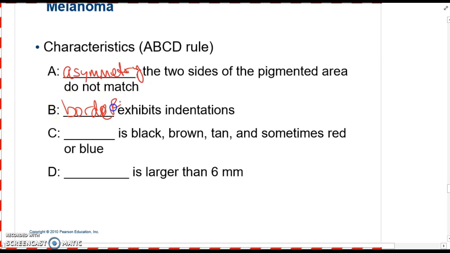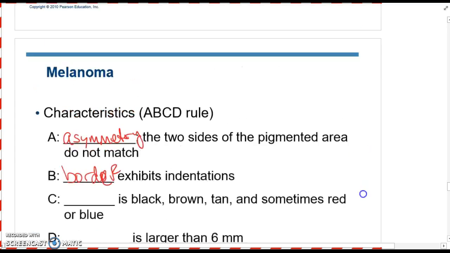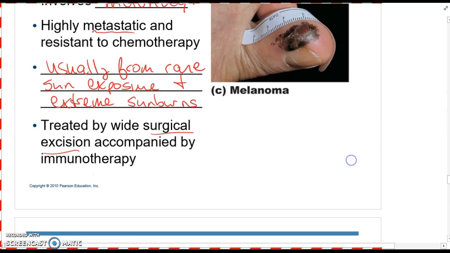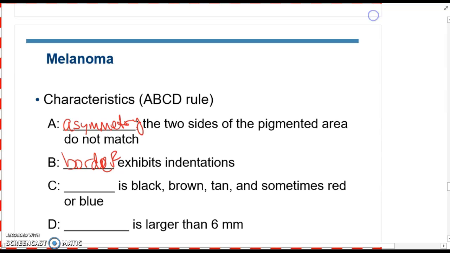B refers to the border. There are indentations in the actual border. Let's go back to this. You can see right there what they're talking about. It exhibits indentations, like there are high points and low points. C is the next thing they look at, which is color. There's an odd color to it. It can be black, brown, tan, sometimes red, or even blue.